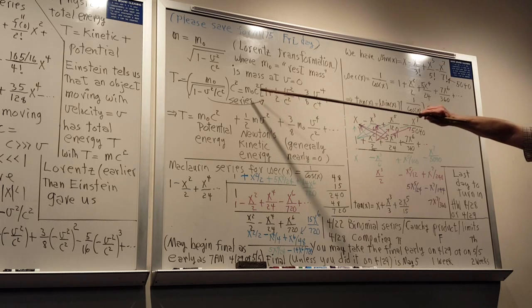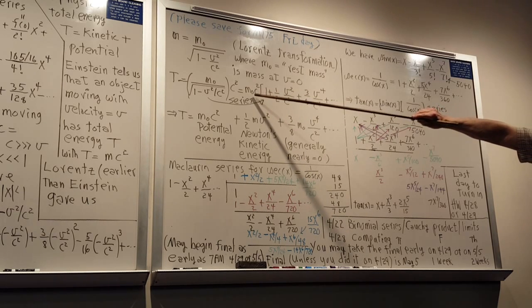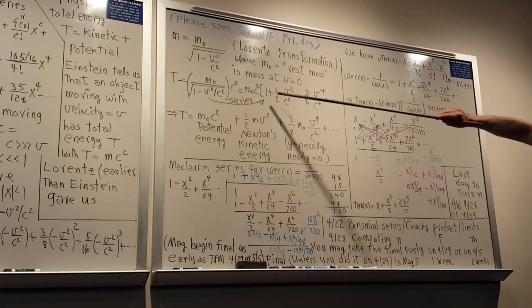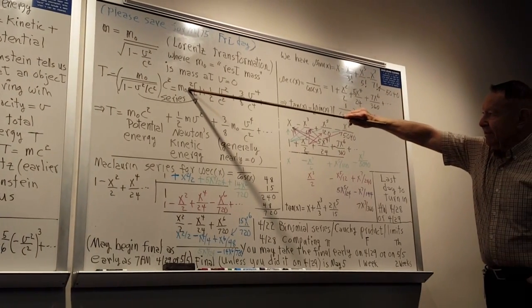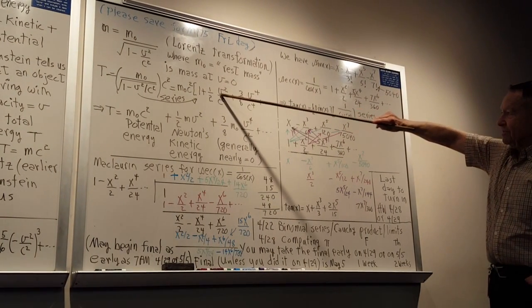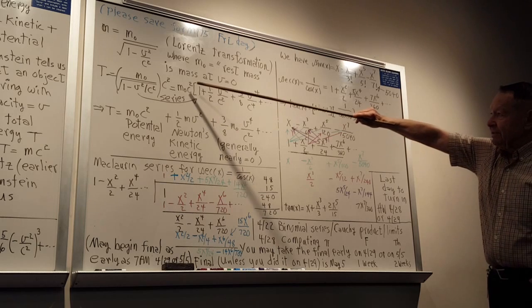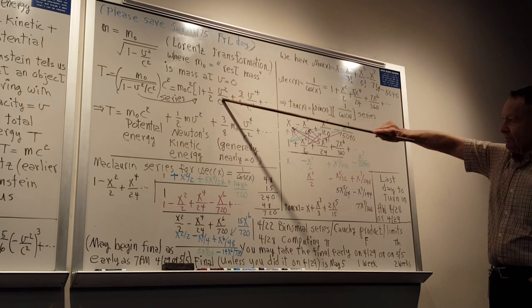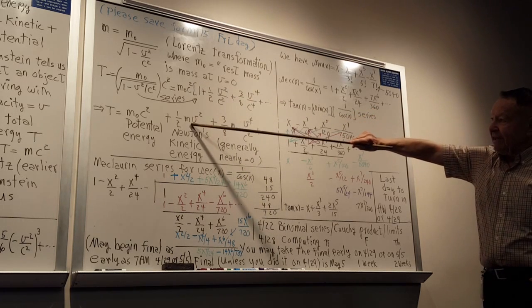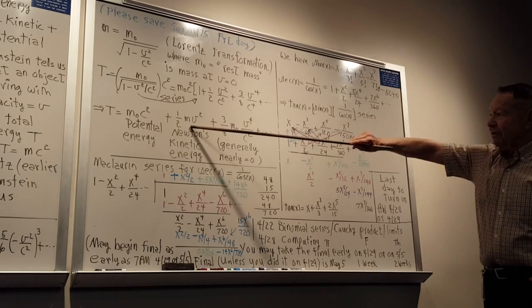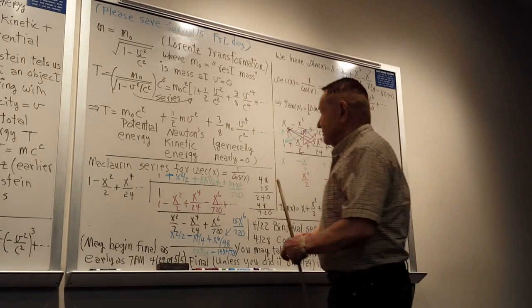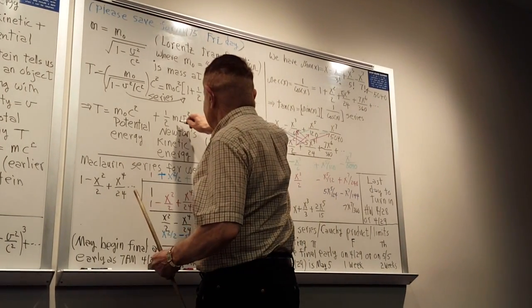Then if you notice what happens next, if you multiply on through by m0c squared, this term, the c squared cancels that one, and you have a half m0 v squared.